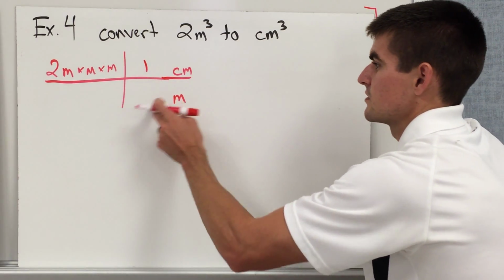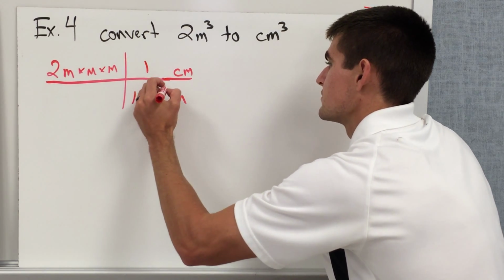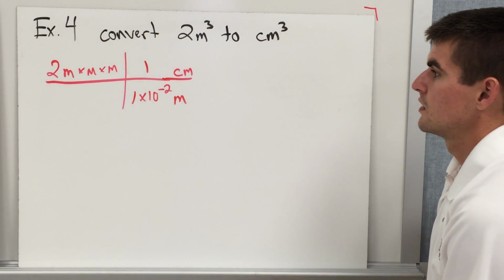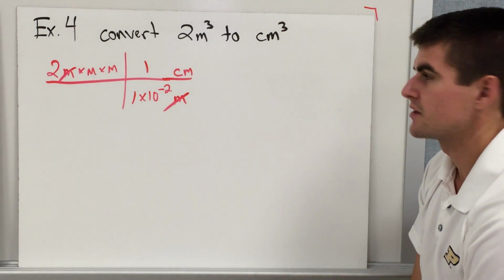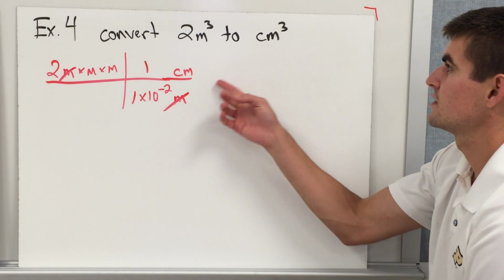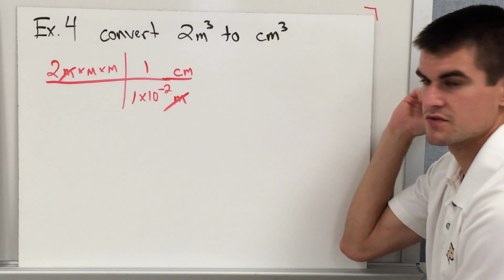Use that prefix to figure out our other number, which is 1 times 10 to the negative second. That cancels 1 meter.